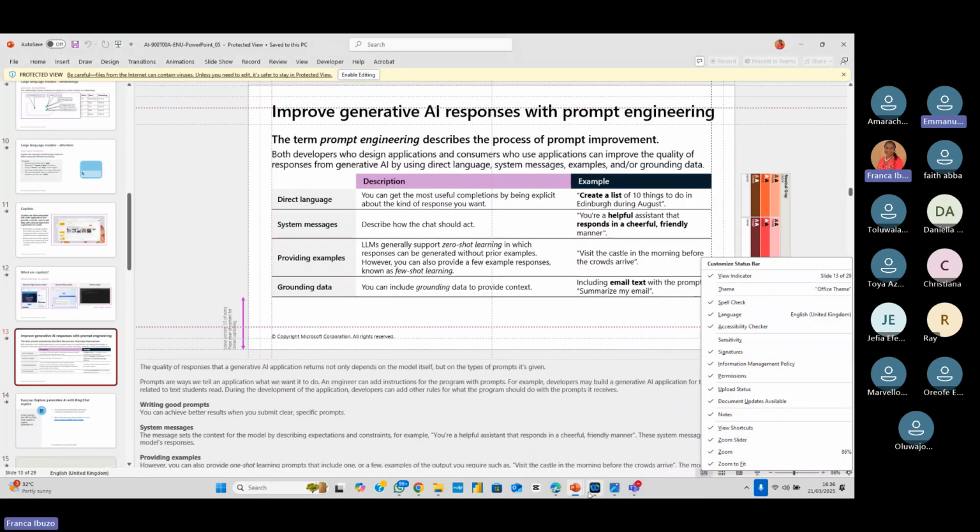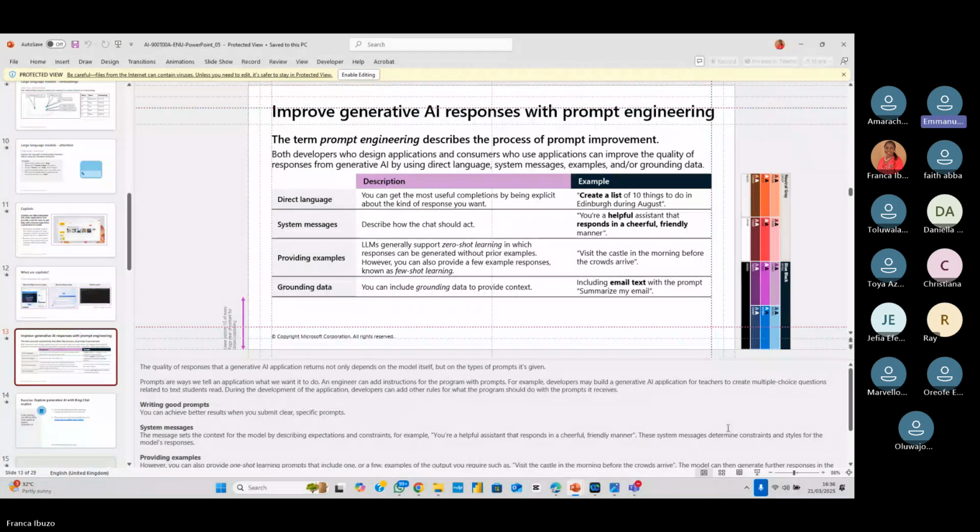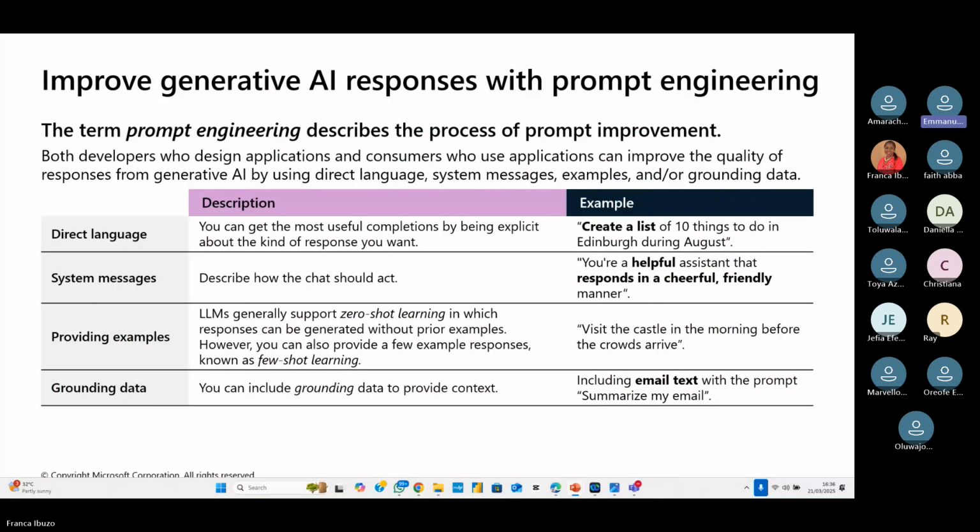So we have a question. Okay, go on. What's your question? From what I'm seeing here, you're saying that the quality of prompts given to the AI also affects the quality of the answers that the AI gives.